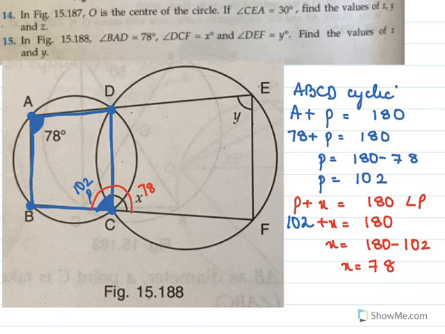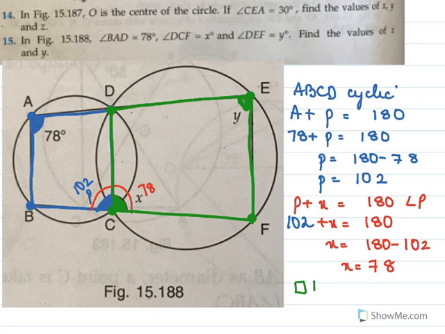Now there's another cyclic, that is D, E, F, C. Here D, E, F, C. And in D, E, F, C again, the opposite angles, that is X and Y, will be 180.